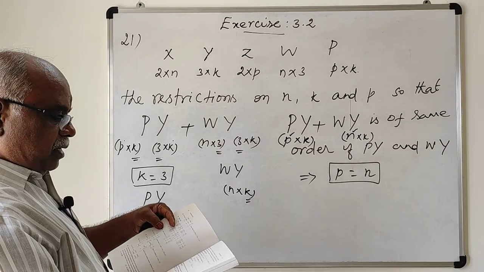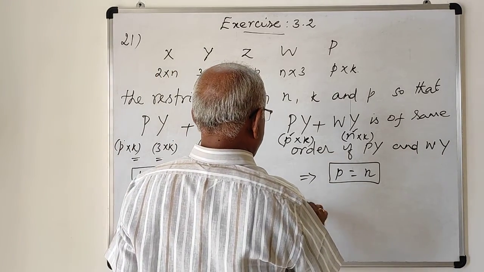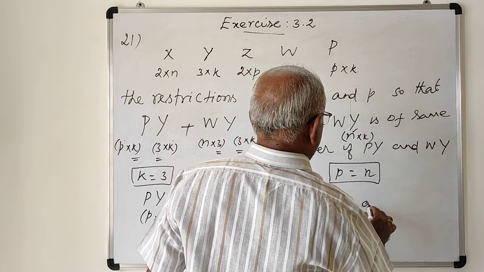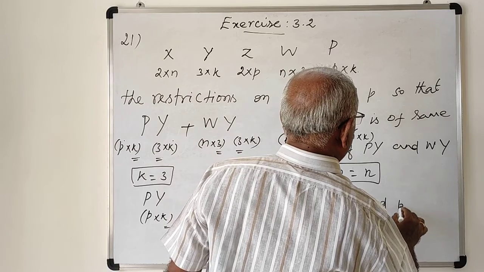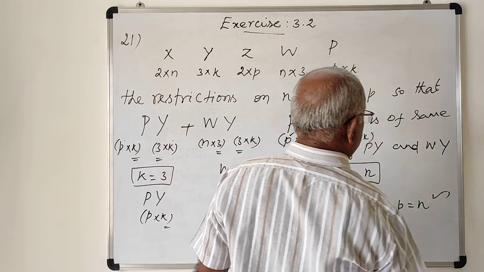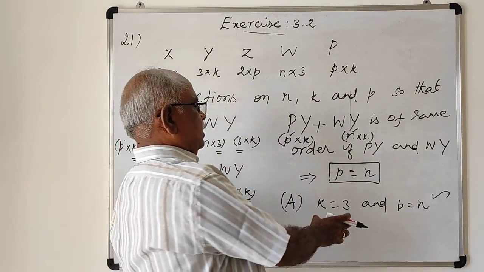Therefore, our answer is option A, k equal to 3 and p equal to n. This is your correct answer.